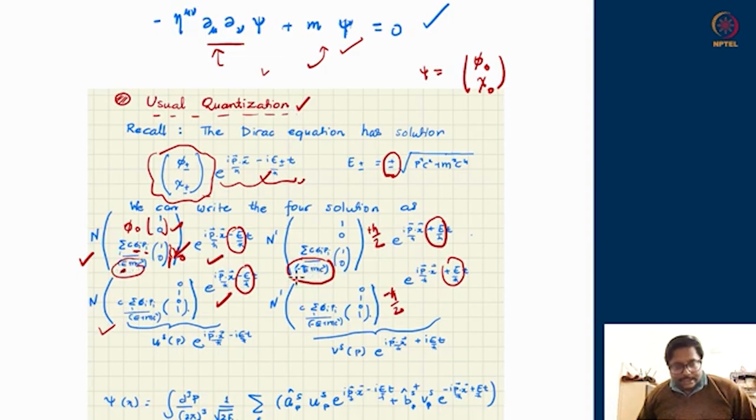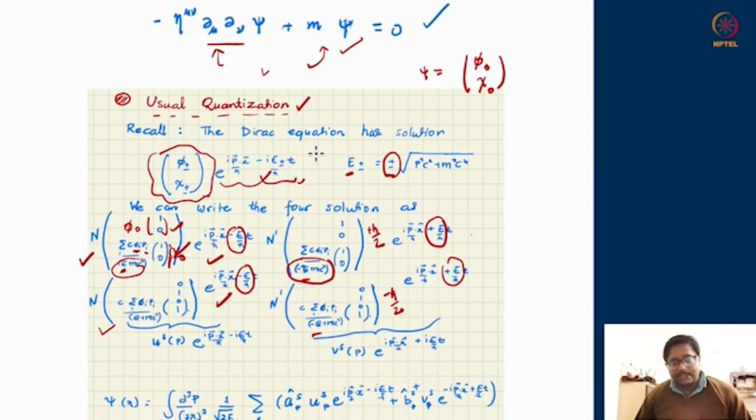E goes to minus E. So in the negative energy solution part, the negative frequency solution part, you will get this minus E plus mc squared, depending upon which sector you are talking about, positive frequency or negative frequency. So keep a note that while I am calling it positive energy, just looking at the symbol E, energy ultimately will get decided by the Hamiltonian.